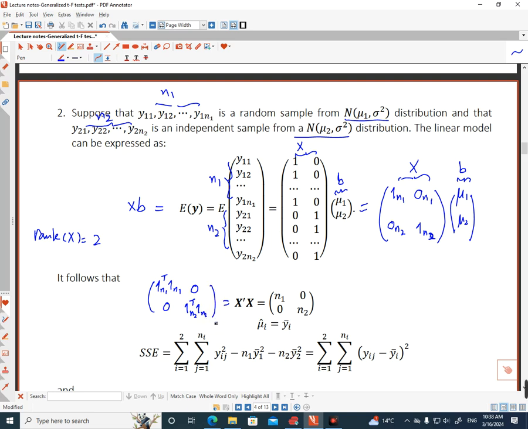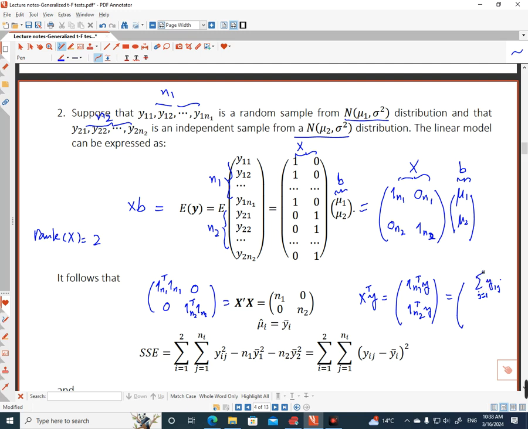So this is your x prime x, and also for the normal equation we need x prime y, which is 1 n1 transpose y, 1 n2 transpose y, and it is indeed the sum of observations for the first sample.